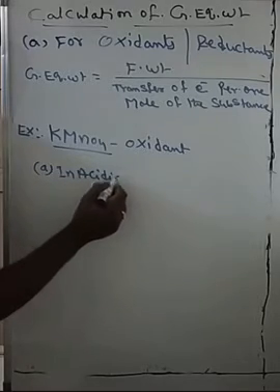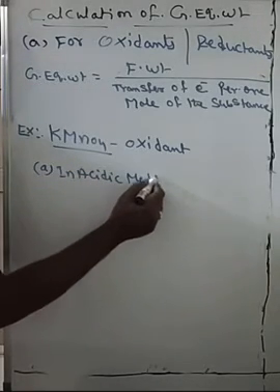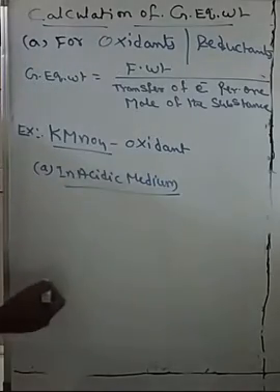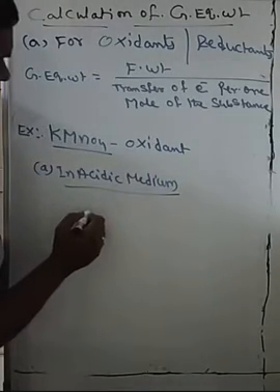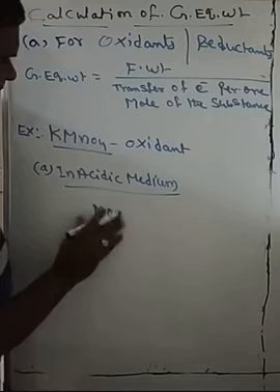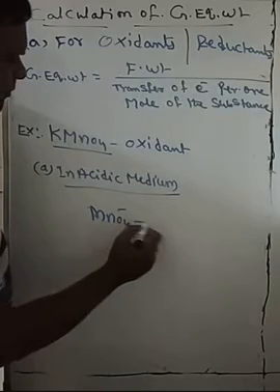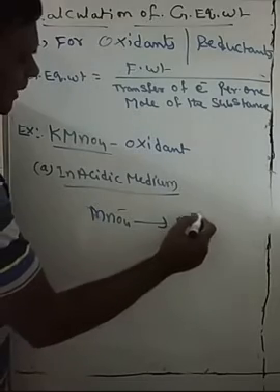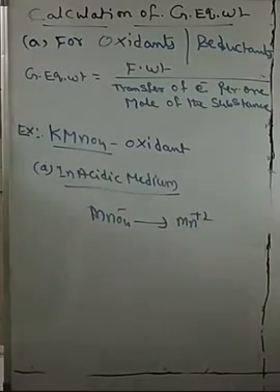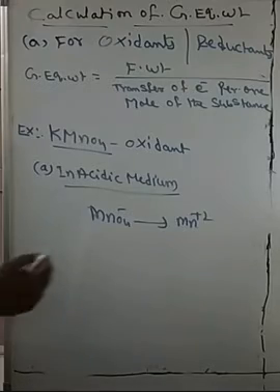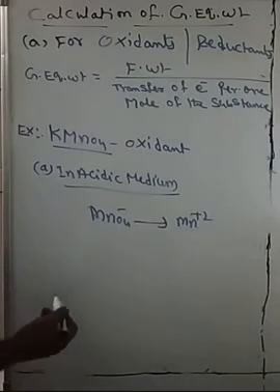In acidic medium, the permanganate ion, that is MnO4 minus ion, converts into Mn plus 2.